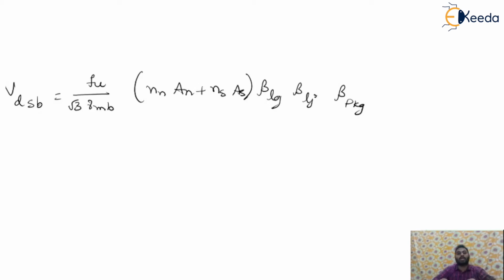This is the formula. Now in this formula there are reduction factors. Those are beta LG, the reduction factor for grip length, beta LJ, the reduction factor for long joint, and beta PKG, the reduction factor for packing plate.